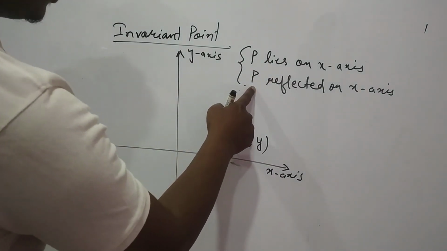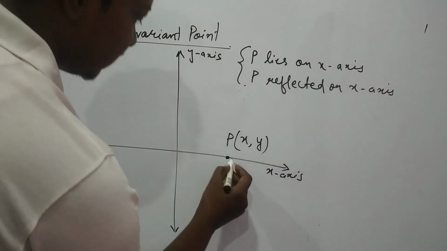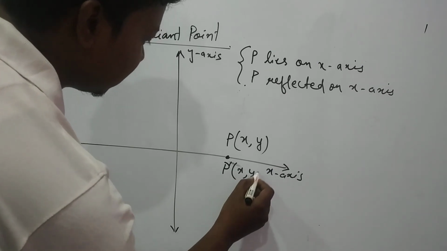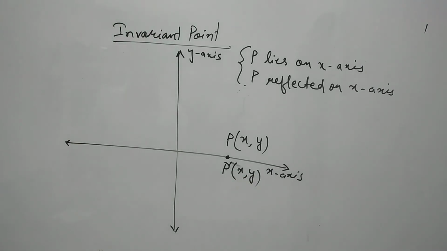See here, when point P is reflected on x-axis, the image formed will be here only, P dash (x, y). So such points are called invariant points.